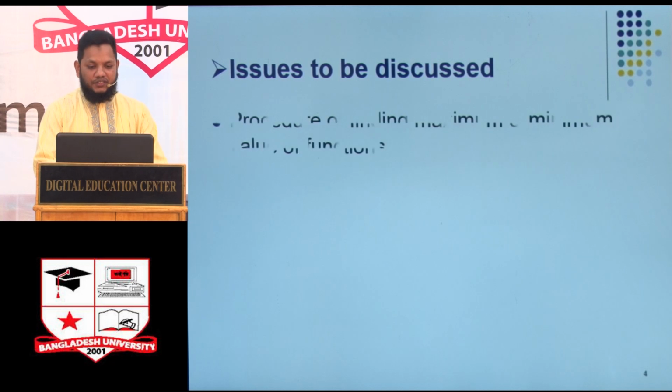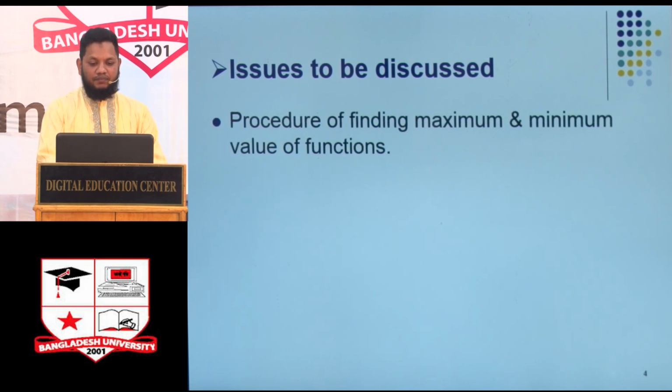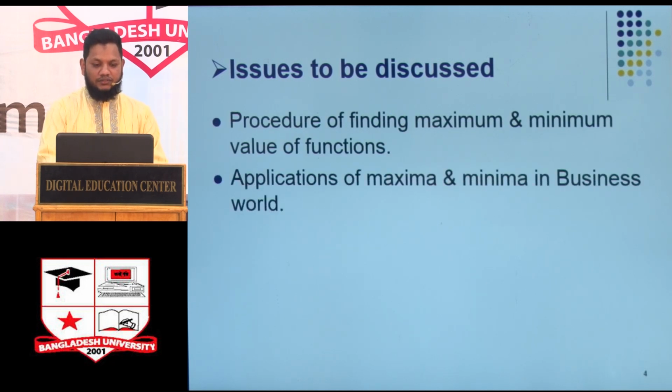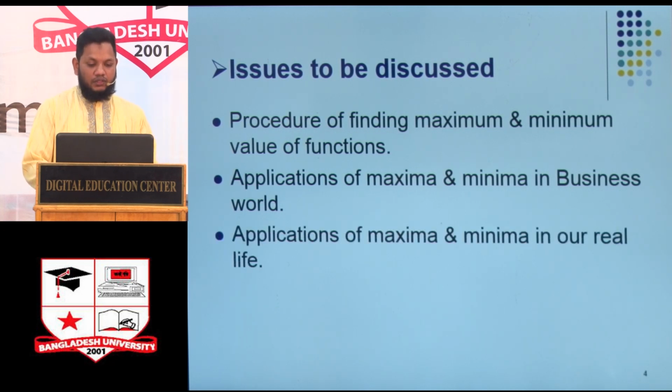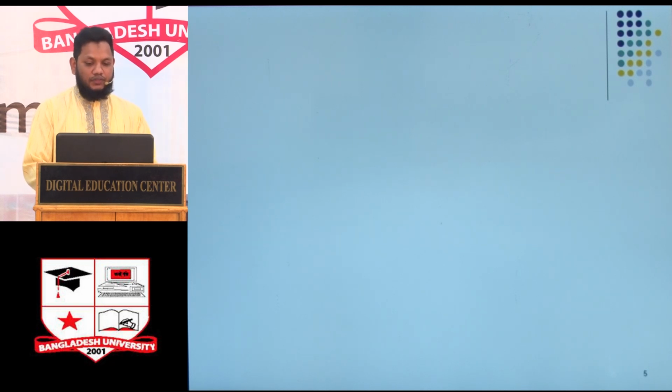And another one: the procedure for finding the maximum and minimum value of functions, applications of maxima and minima in the business world, and applications of maxima and minima in our real life.